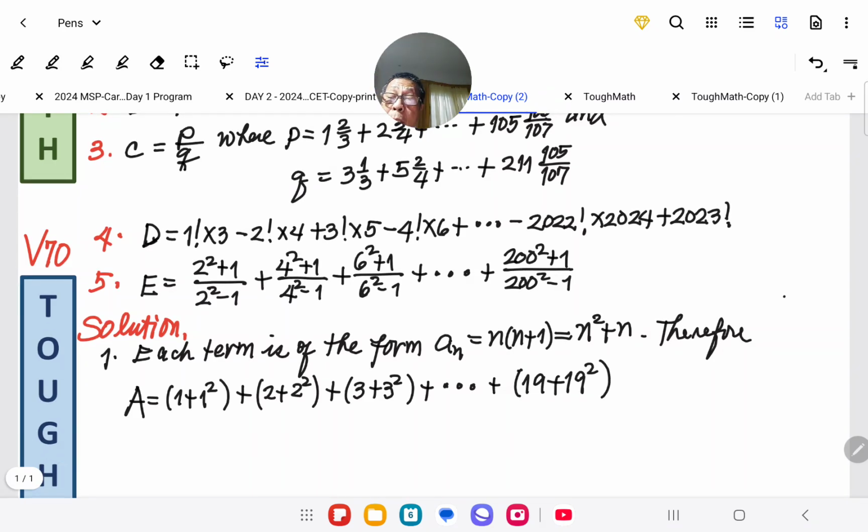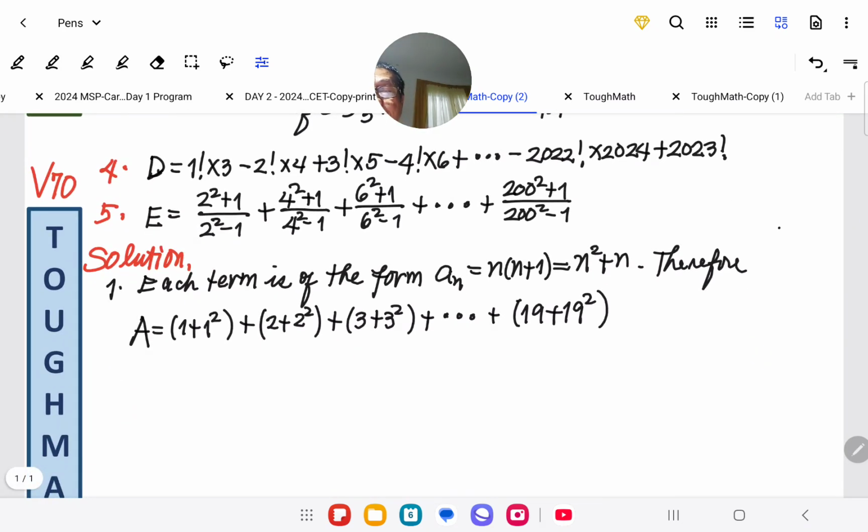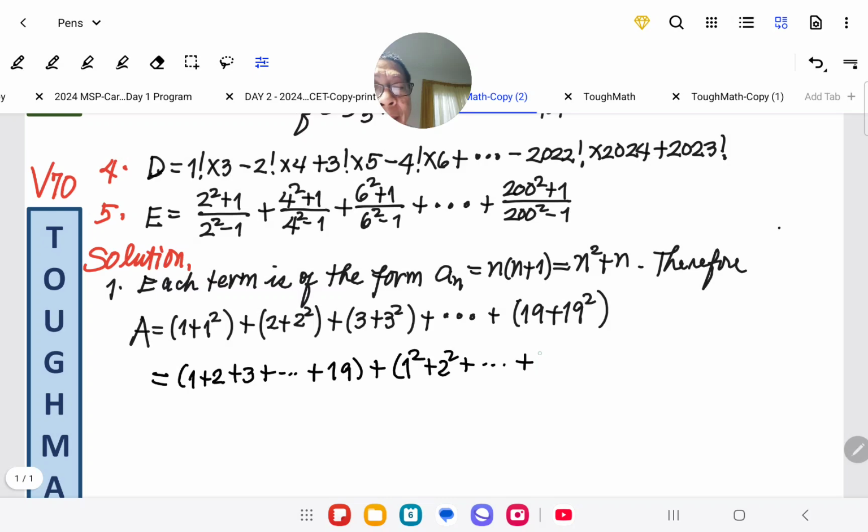And we can separate the integers 1 to 19 without the square and separate the squares of these numbers. So we have 1 plus 2 plus 3 and so on until 19, and then in the next group of numbers we have all the squares of 1, of 2, and of 19.